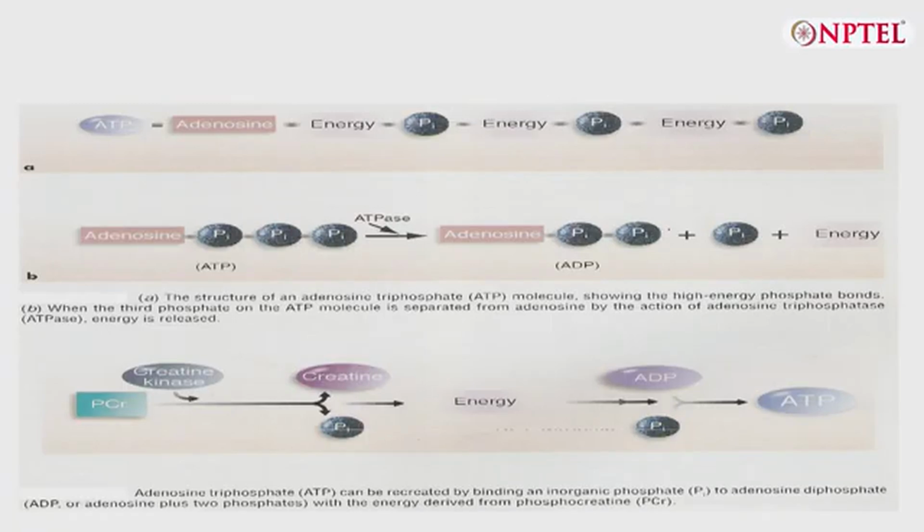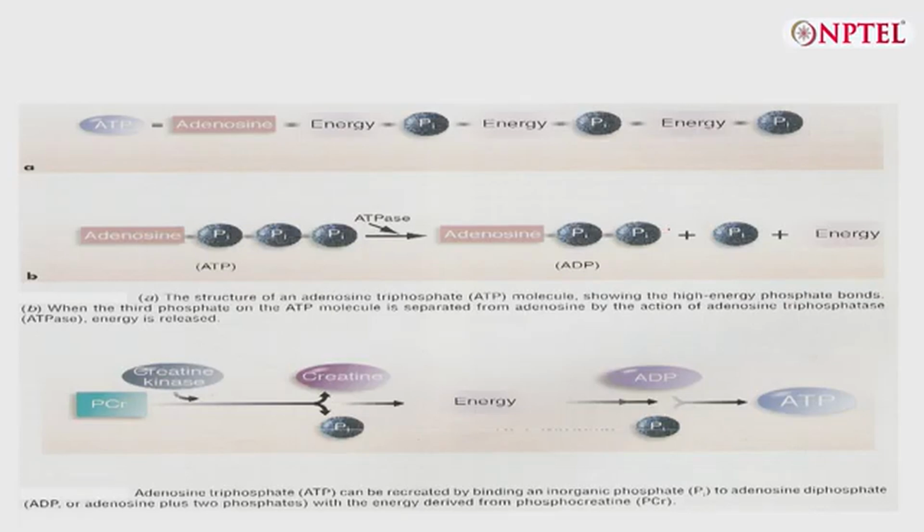So here you can see that ATP splits off to ADP, Pi and energy, and the enzyme responsible for the breakdown of ATP is called ATPase, which splits the phosphate out of the 3 phosphates and it becomes adenosine diphosphate.